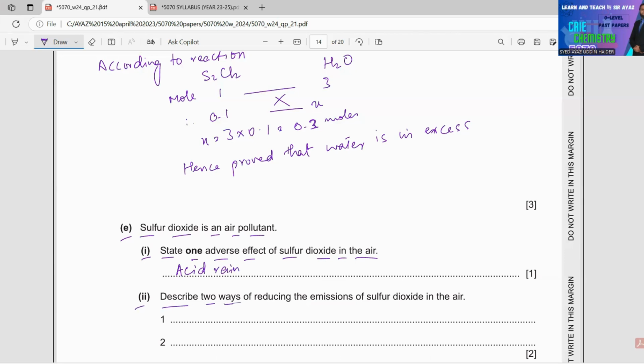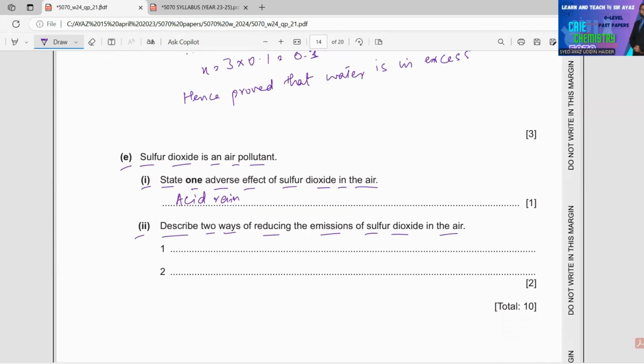Number 2, describe 2 ways of reducing the emissions of sulfur dioxide in the air. Now you have to look for 2 ways of reducing the emissions of sulfur dioxide. We have to use low sulfur fuels. So you can write any two from: use low sulfur fuels, do not use fossil fuels or use renewable energy resources, flue gas desulfurization or reacting SO2 with CaO or CaCO3.